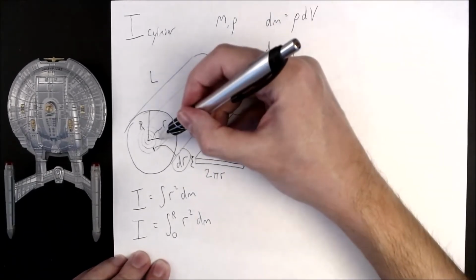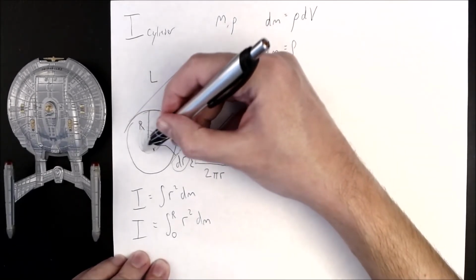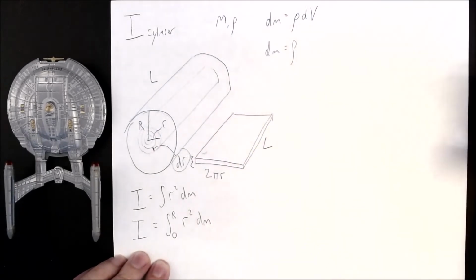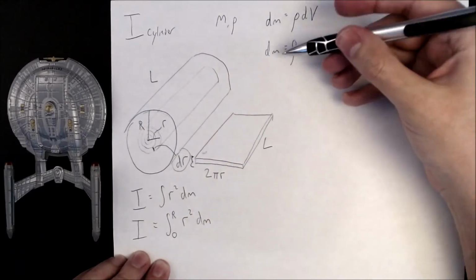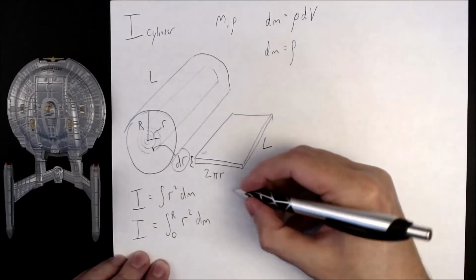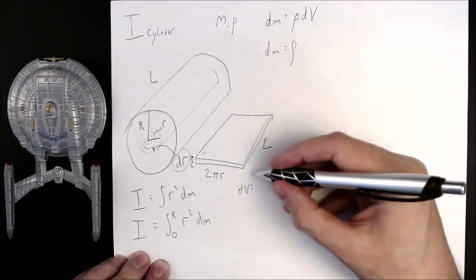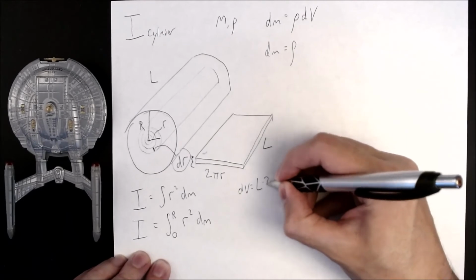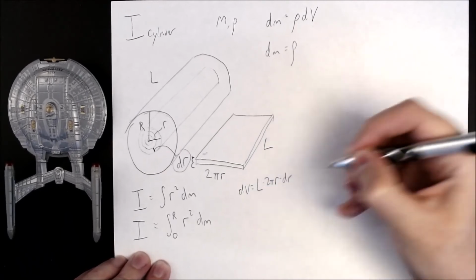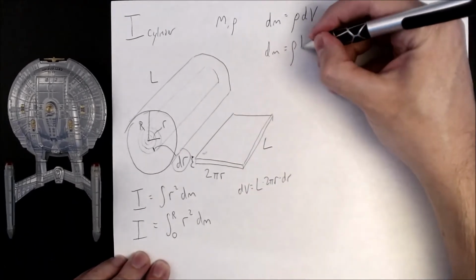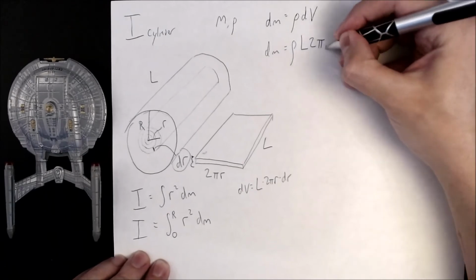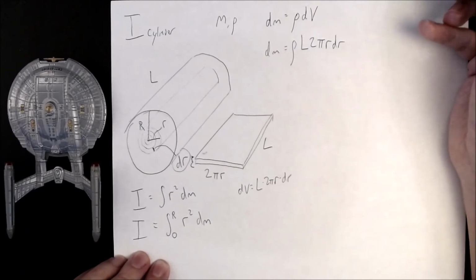Because that's going to be the circumference of that layer, 2 pi r. Therefore, dV should just be the length times the width times the height. Length, width, height. So this is going to be L 2 pi r dr.